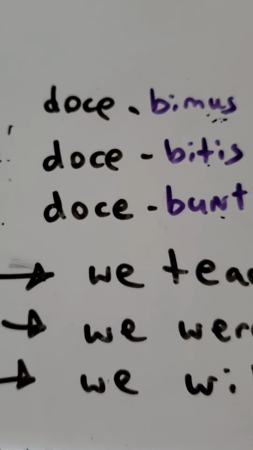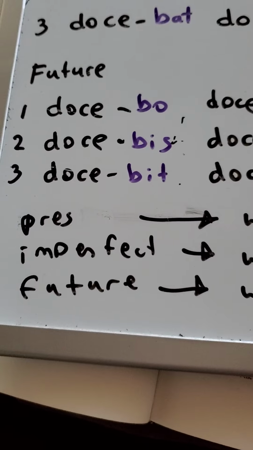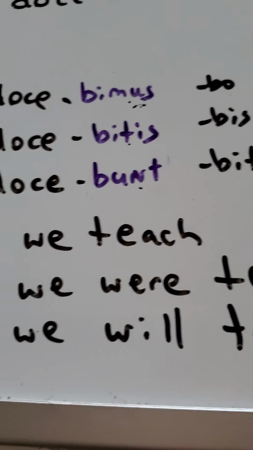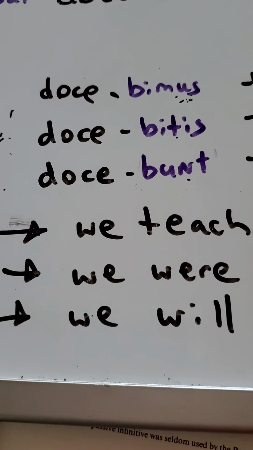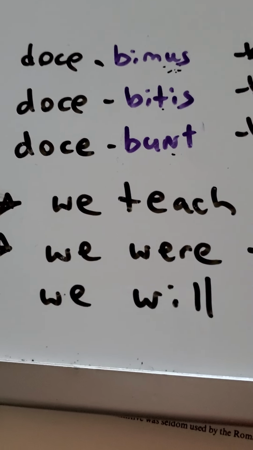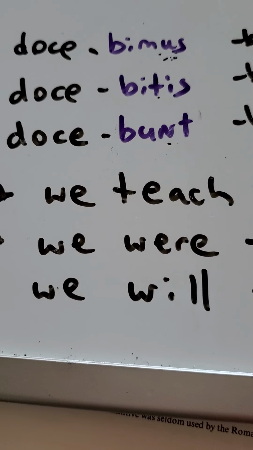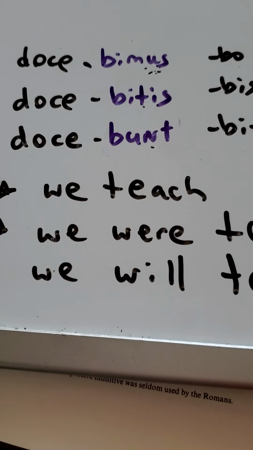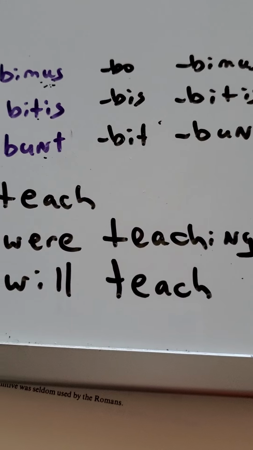So will is the helper. So present, imperfect, and future, and with all the mus's. So it's docemus is we teach, docebamus is we were teaching, and docebimus is we will teach.